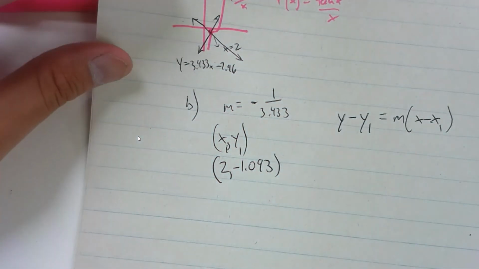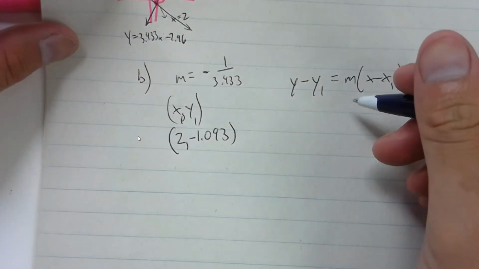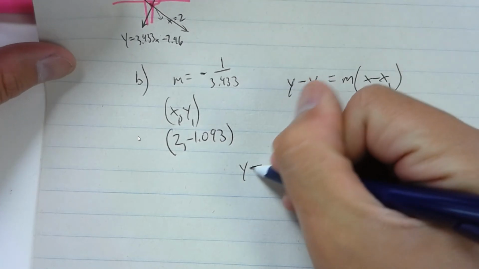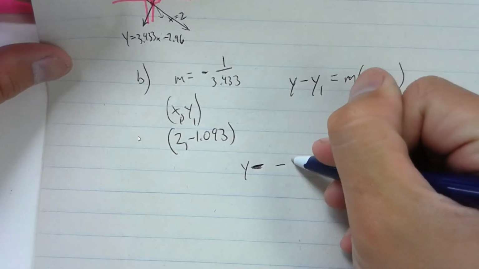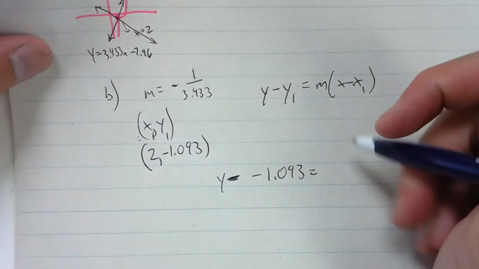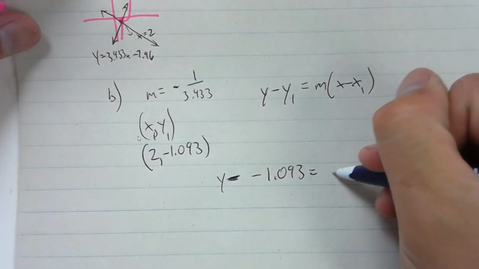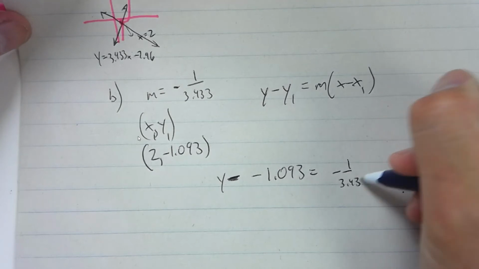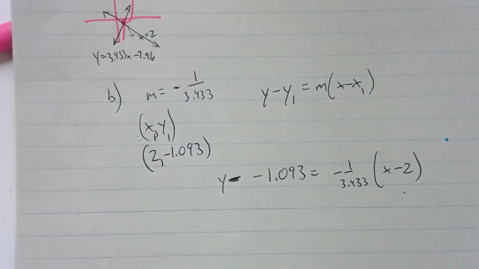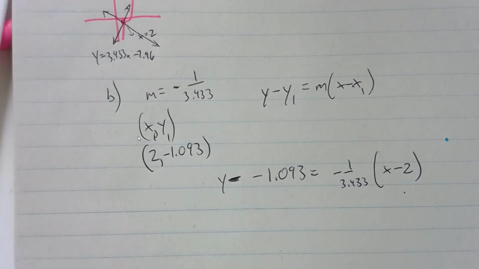Okay, and then we're just going to plug it into this equation, and that's it. So it's going to be y minus negative 1.093, and then you're going to set that equal to negative 1 over 3.433 times x minus 2. You can leave it in this form here, or you could further simplify it.